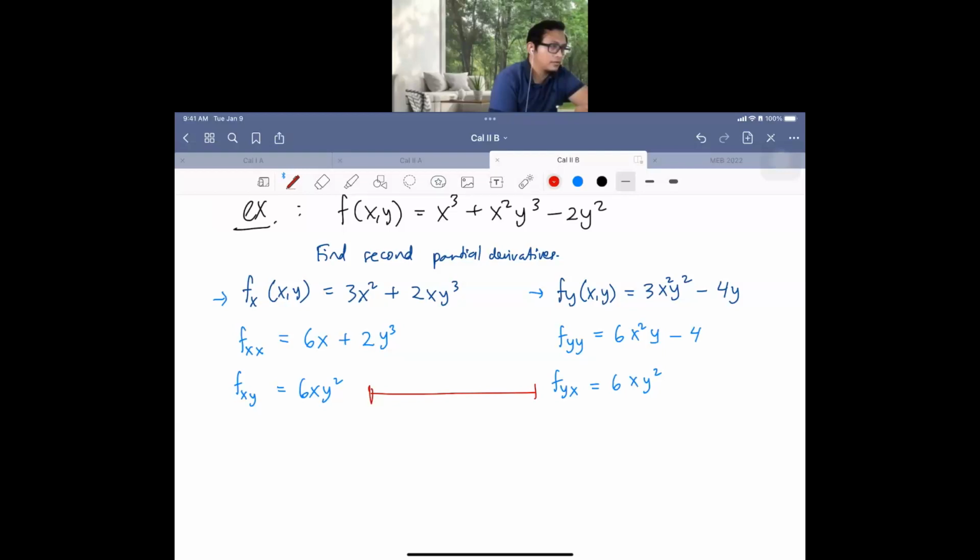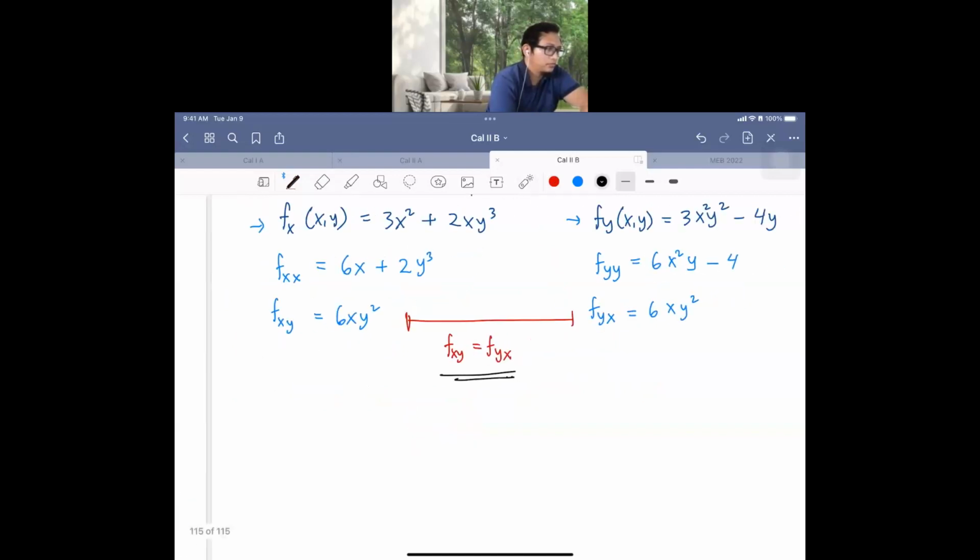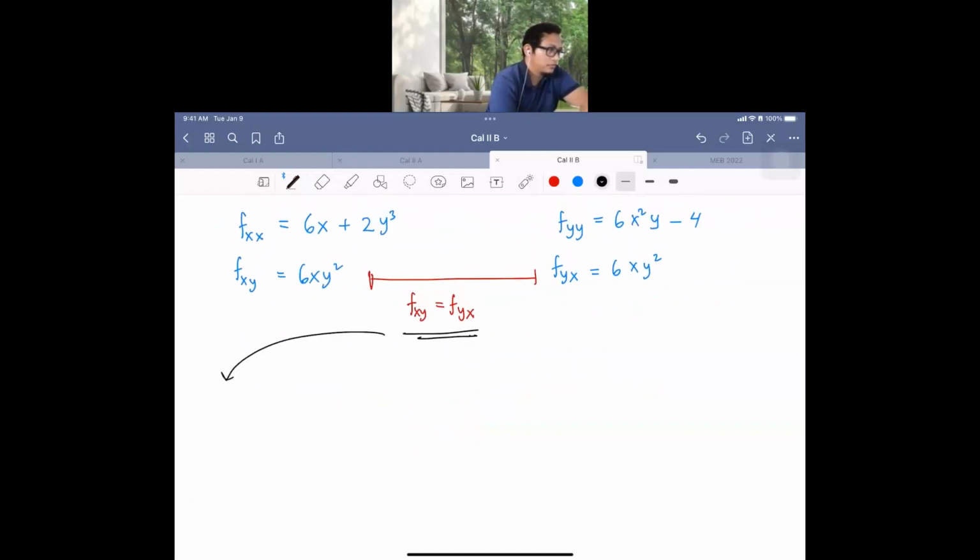So notice that you have the same results for partial xy and partial yx, which is actually our theorem. It's called Clairaut's theorem.